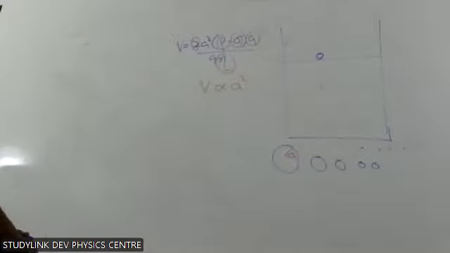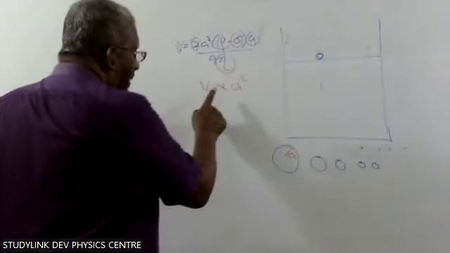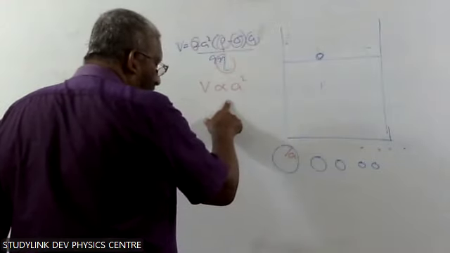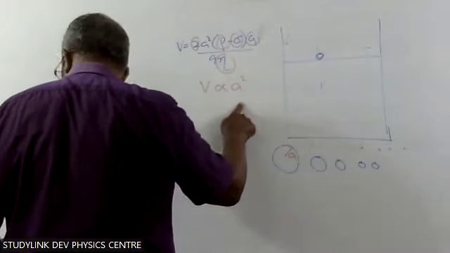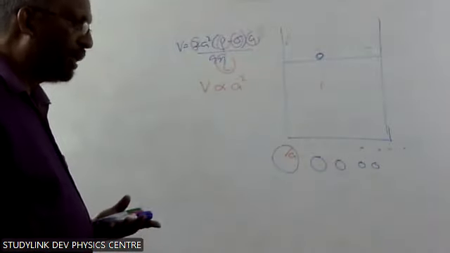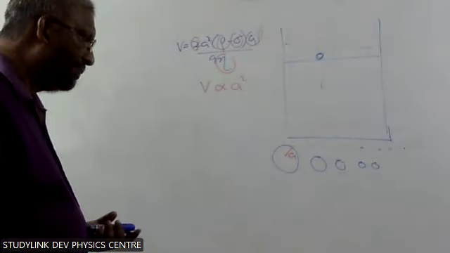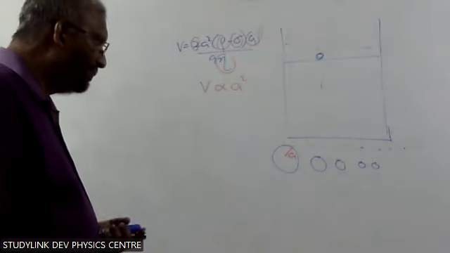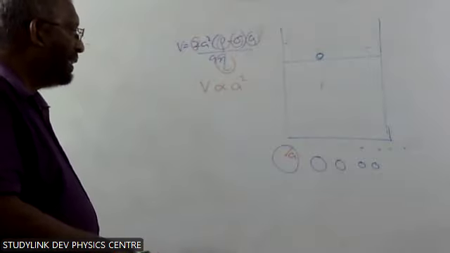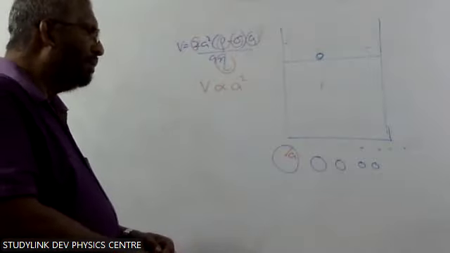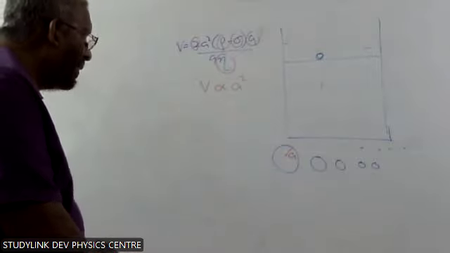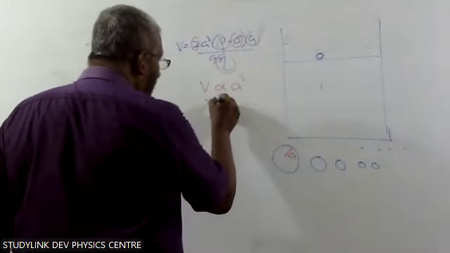Here then write: according to this, terminal velocity is directly proportional to the square of the radius. Therefore, the largest particle gets the largest terminal velocity.